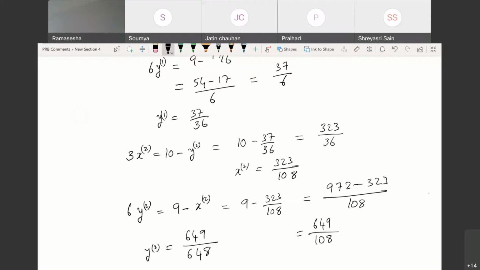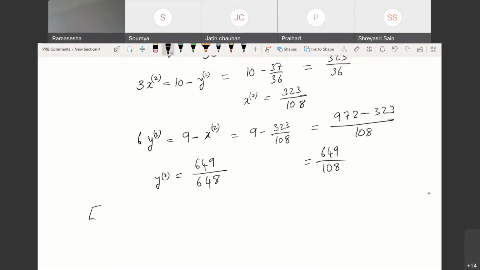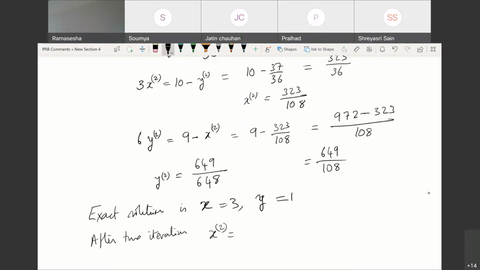So now what is the exact solution? x is equal to 3, y is equal to 1. And after 2 iterations we have x2 equal to, not 37 by 36, this is 323 by 108, right?